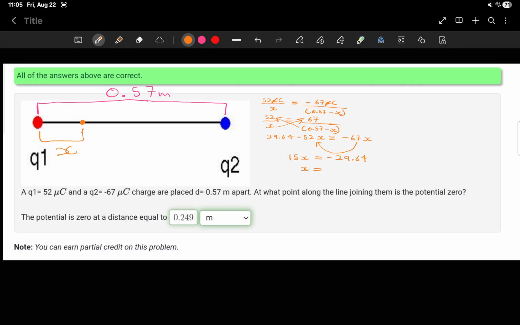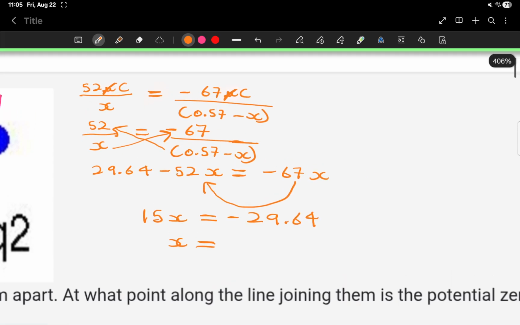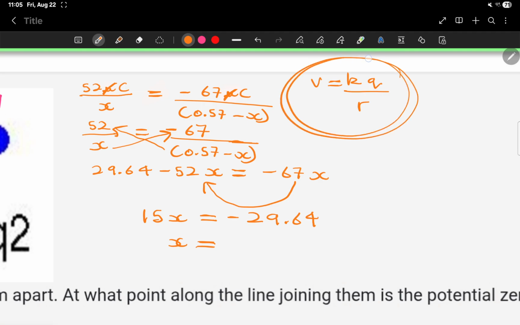So the mistake I've made, give me a few more seconds to figure this out. The mistake I've made here is actually very simple. This formula, V is equal to kq over r, is generally not really a vector, it's just a scalar.